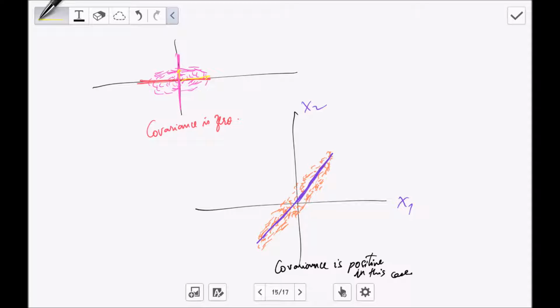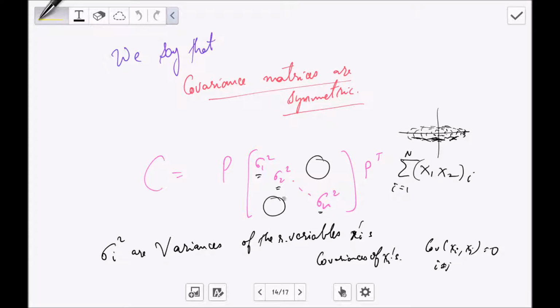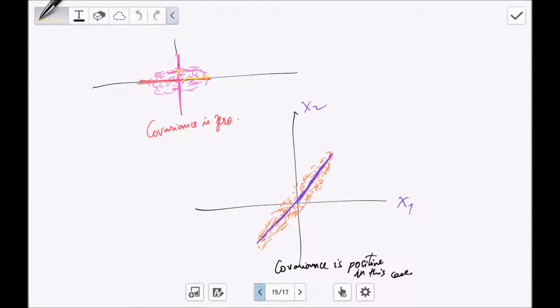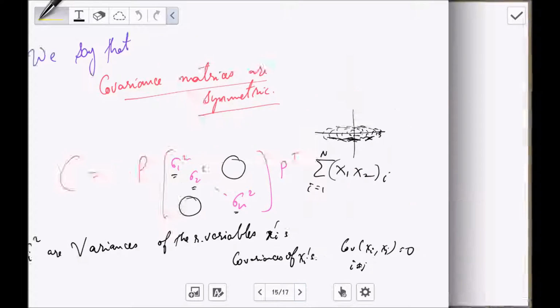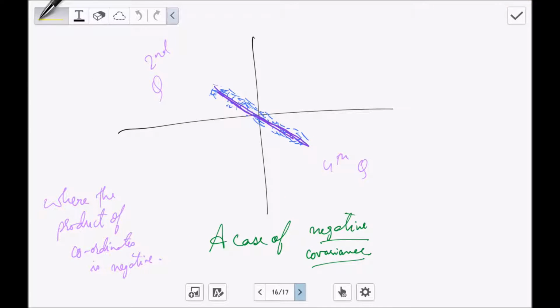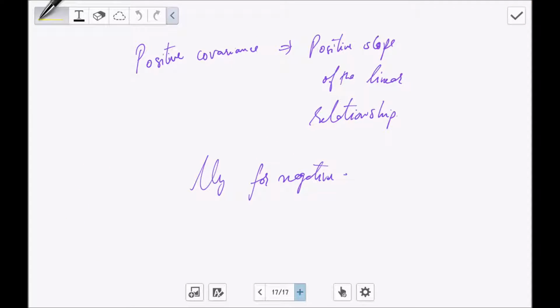So we are putting these values here, and we are seeing if there is a slope. If there is a slope, then we are correspondingly putting these zeros. This is just a motivation behind how covariance matrices were defined. Okay, so from there we come to the actual definition of covariance matrices.